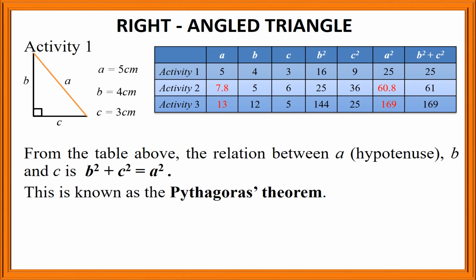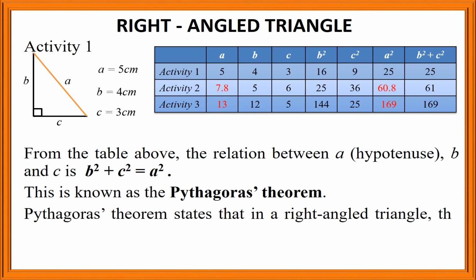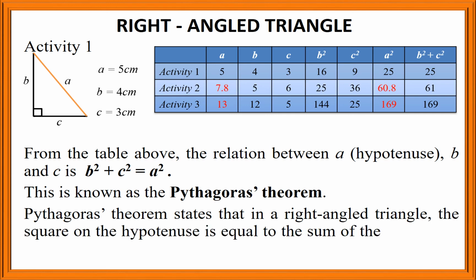This is what we call the Pythagoras Theorem. The Pythagoras Theorem then states that in a right-angled triangle, the square on the hypotenuse is equal to the sum of squares on the other two sides.